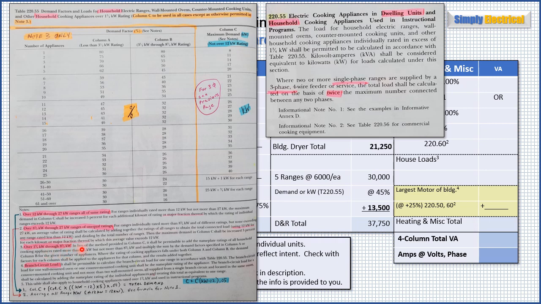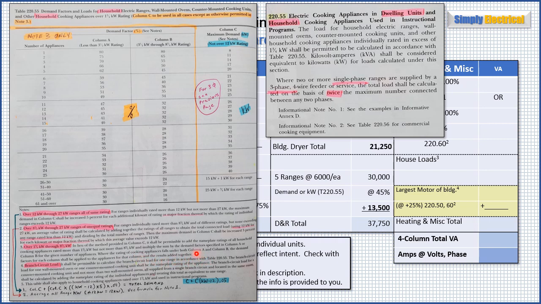In lieu of the method provided in column C, it shall be permissible to add the nameplate ratings of all household cooking appliances rated more than 1 3/4 kW, but not more than 8 3/4 kW, and multiply the sum by the demand factor specified in column A or column B for the given number of appliances. Where the rating of cooking appliances falls under both column A and column B, the demand factors for each column shall be applied to the appliances for that column and the results added together.